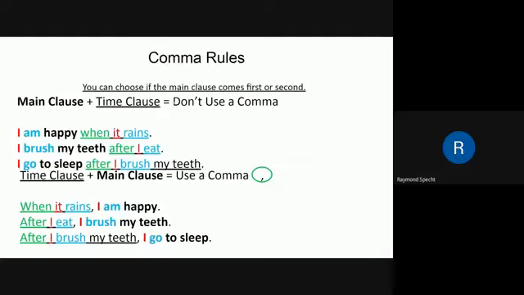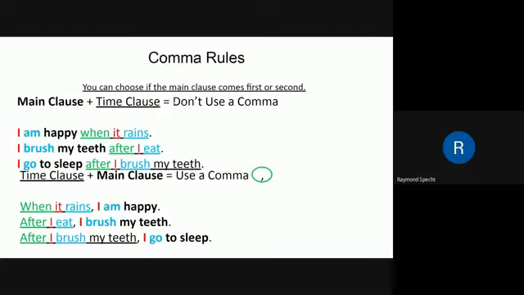So let's look at some examples. I am happy when it rains. I am happy is our main clause. It's coming first, so we are not using a comma. I brush my teeth after I eat. Main clause, I brush my teeth.